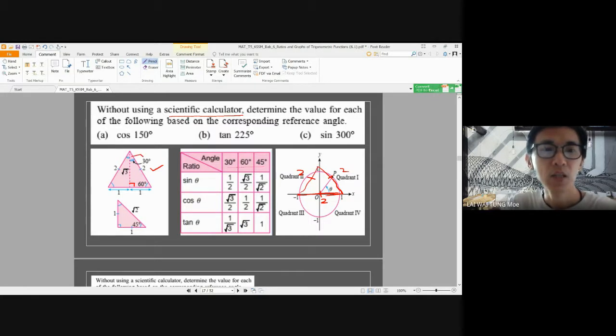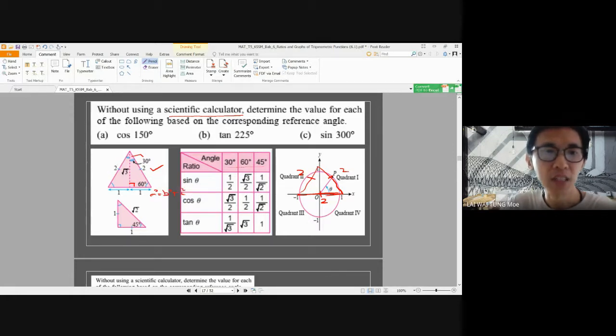So from this triangle, you can find out all the sides, because this is given as 2, this is 1, and you need to find this square root of 3. How to find this is using the Pythagoras theorem, which is a squared equals b squared plus c squared.